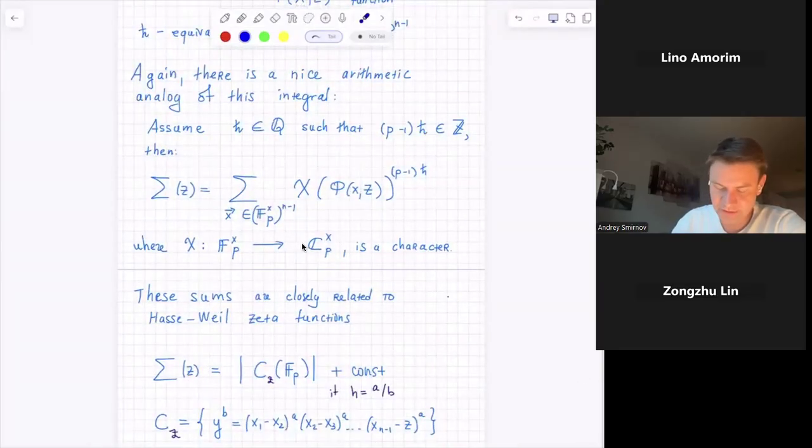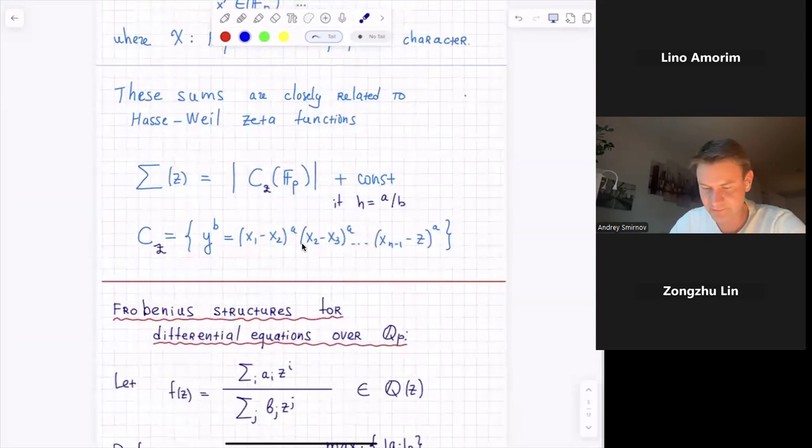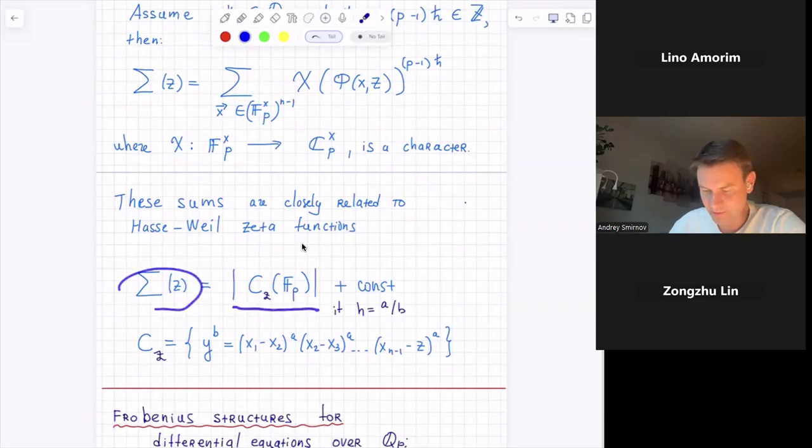And in addition, in this case, these sums are closely related to Hasse-Weil zeta functions. For instance, one can show that this sum is actually an integer, and what this integer computes is the number of points on some hypersurface up to a constant.